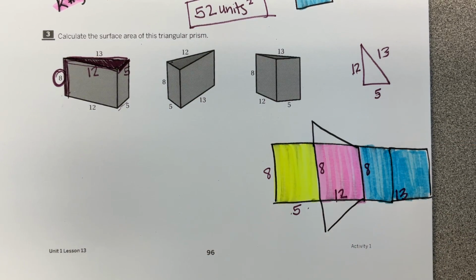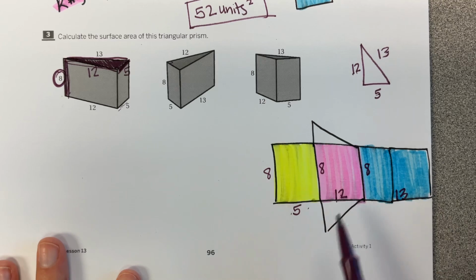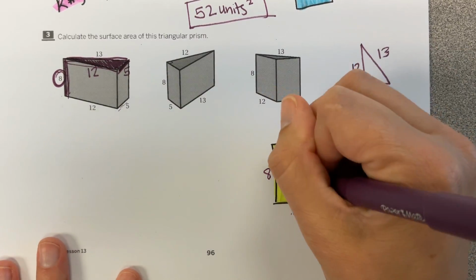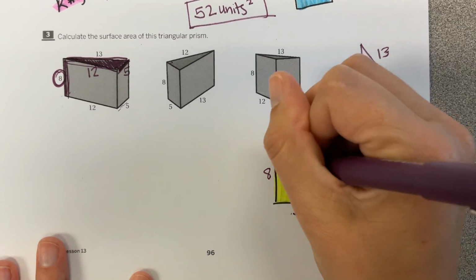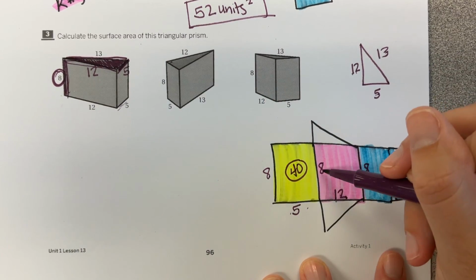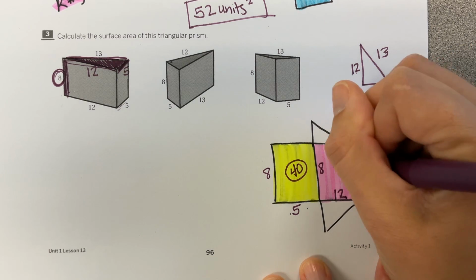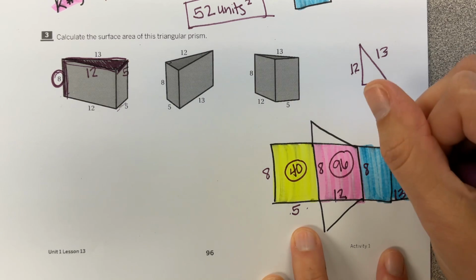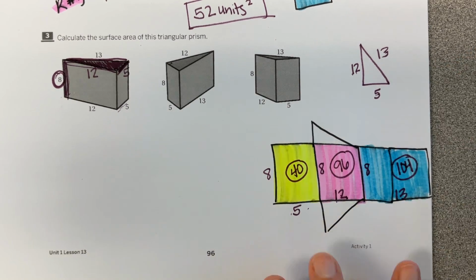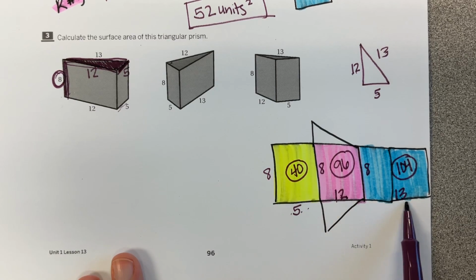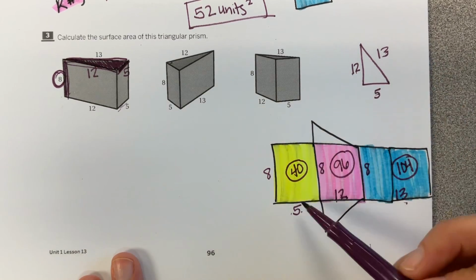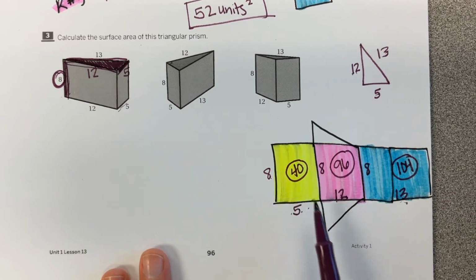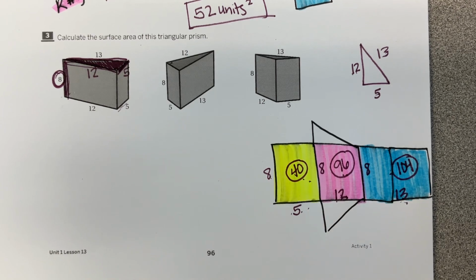So for the rectangles, we're just going to multiply. 5 times 8 is 40. 12 times 8 is 96. 13 times 8 is 104. So we took those 3 triangle side lengths times the height of the prism. If there's 3 different sides of the triangle, we should have 3 different numbers for these rectangles.